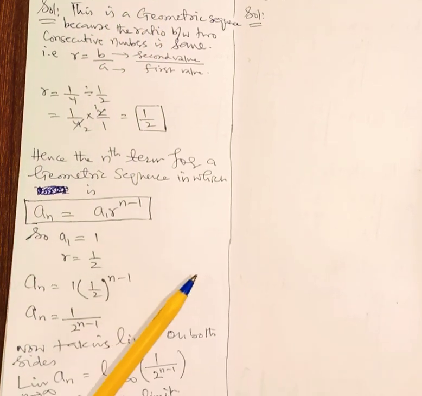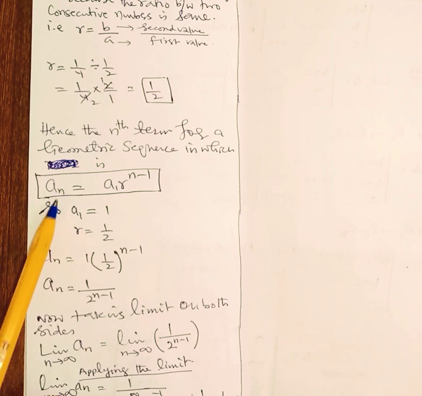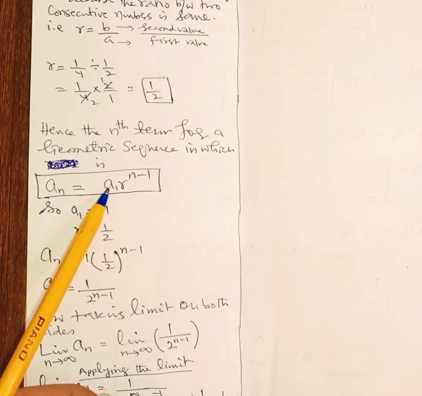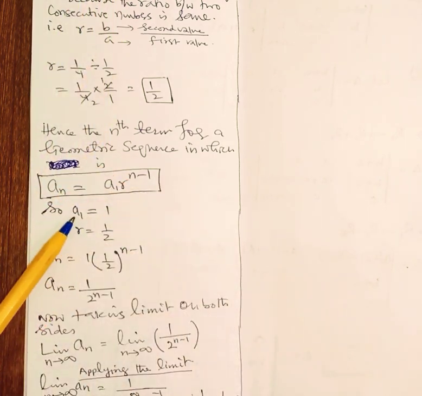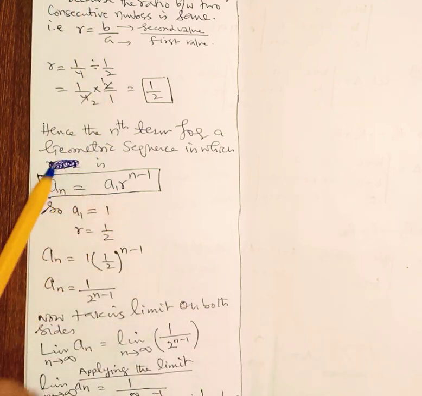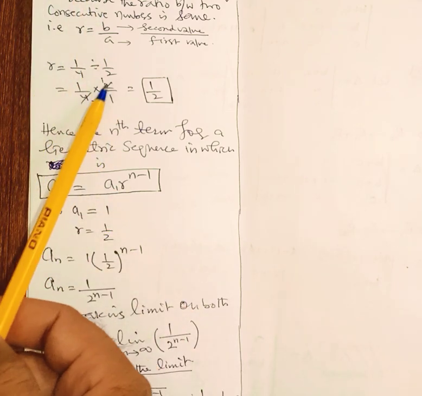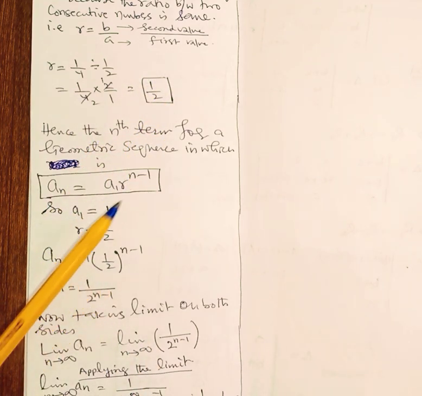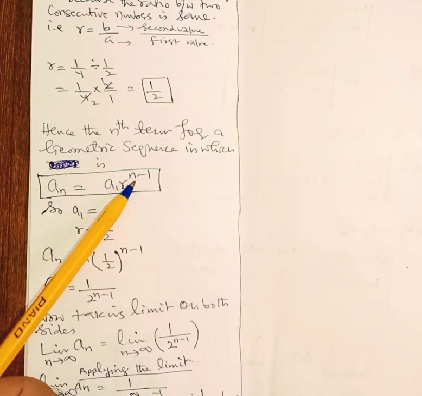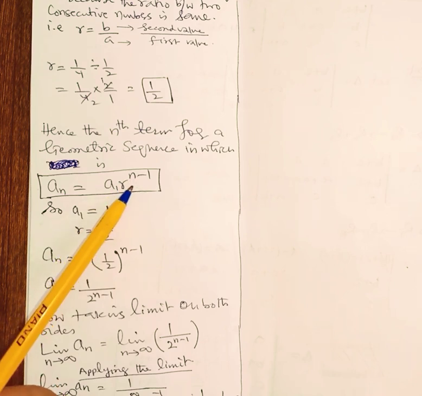Here a_n stands for the general term, a_1 is the first value of the sequence, which is 1, and r is the common ratio we have found, which is 1 by 2. We write 1 by 2 to the power n minus 1, and we do not put any value in place of n because we need the nth term, so we write n as it is.